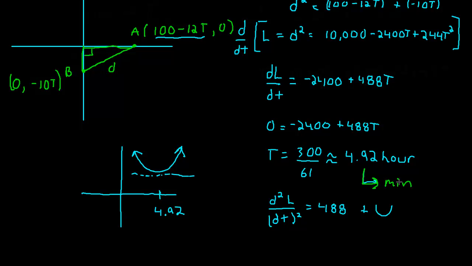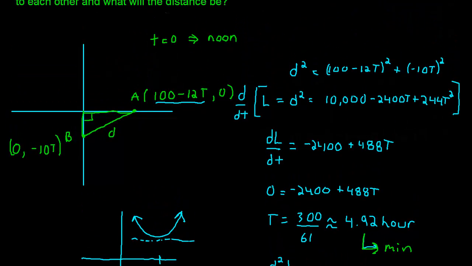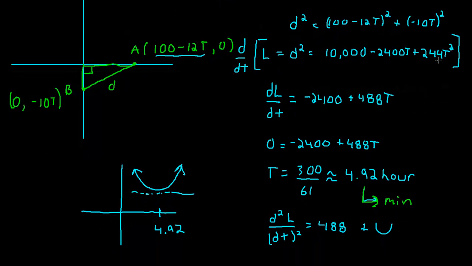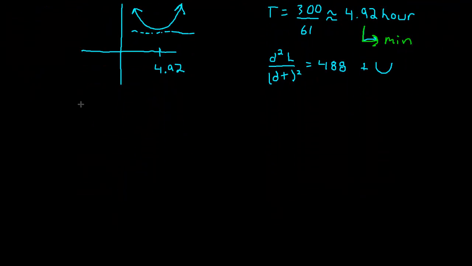Okay, the only thing left to do is to figure out what exactly is the distance at 4.92 hours. And to do that, all I'm going to do is substitute t back into this equation right here, and I'm going to solve for d this time. I'm not going to solve for L, but I'm actually going to solve for d. So plug in 4.92 for t right here, and I'll show the substitution.